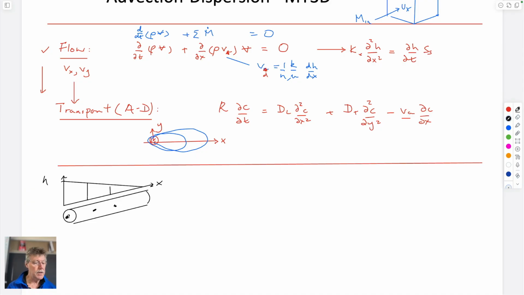And this is going to be x, 3 meters, an actual example. And this would be the head at the node upstream, and the head at downstream. And we have flow along this pathway. This is the velocity, not that it matters in this case. And we choose a porosity of 10%.